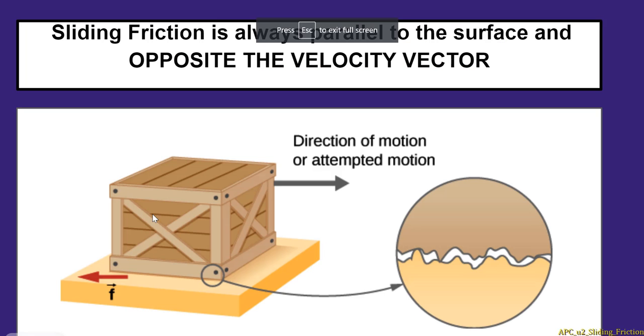All right, so please write this down. The normal is always perpendicular to the surface because surfaces push. Friction is always parallel to the surface, because as one surface tries to slide over the other, you can see there's a big glob on the floor that is pushing into the crate right here.